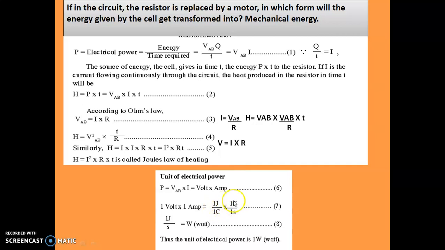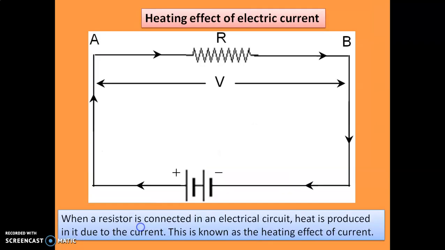Then multiplied by 1 upon 1 into S, that is 1 joule per second, is equal to watt, which is also denoted by the letter W. So the unit of electrical power is 1 watt. So this gives us Joule's law as well as the unit of electric power.